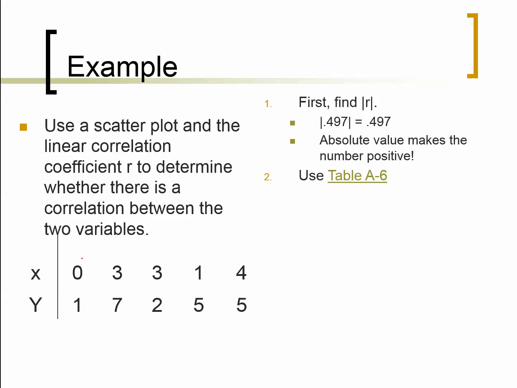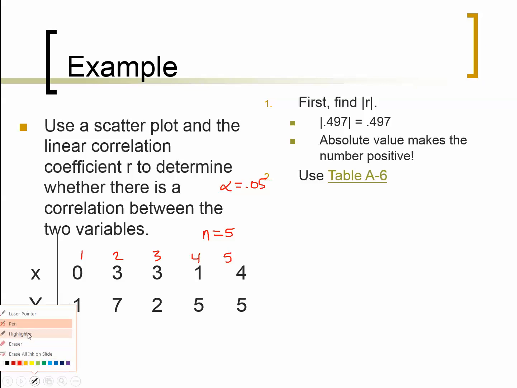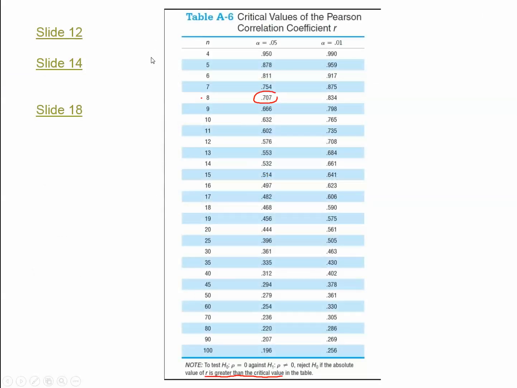Now if you look at this, you have 1, 2, 3, 4, 5 ordered pairs. So we want to go to N is 5, and alpha equals 0.05 in Table A6. So I'm looking at this correlation coefficient.